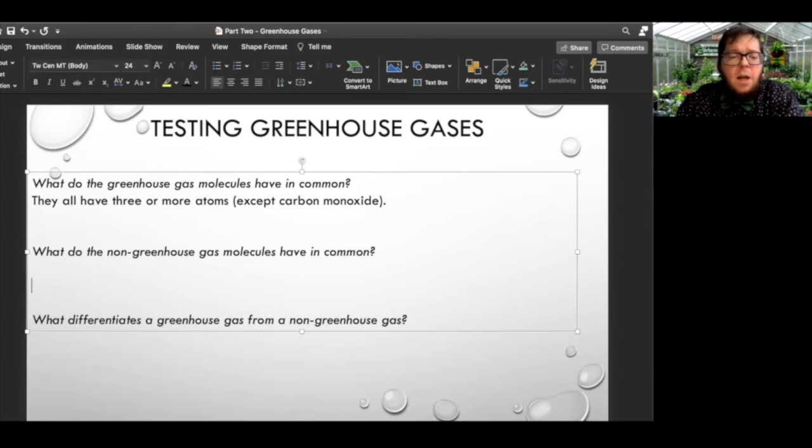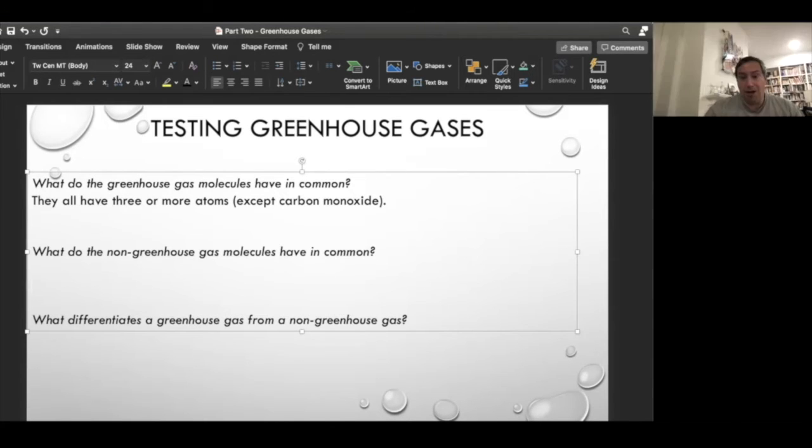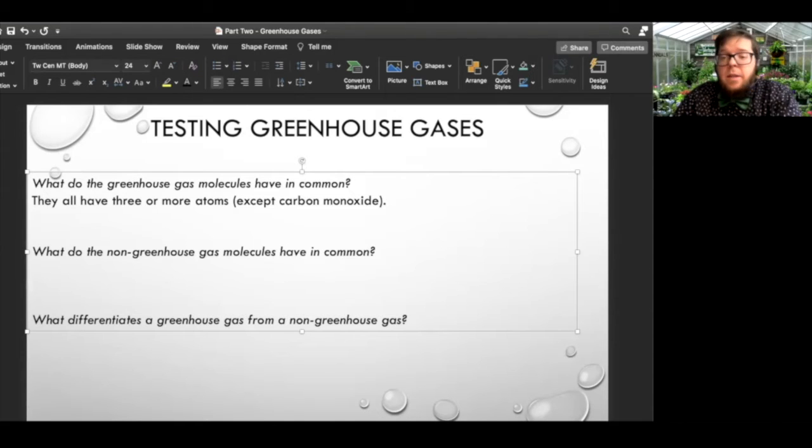What do the non-greenhouse gas molecules have in common? So again, the only ones there were N2 and O2. Not a lot of data to go on, but what do those 2 molecules have in common? What's similar about those 2 things? They're not compounds. That's right. They're the same atom, right? They are homogeneous molecules, right?